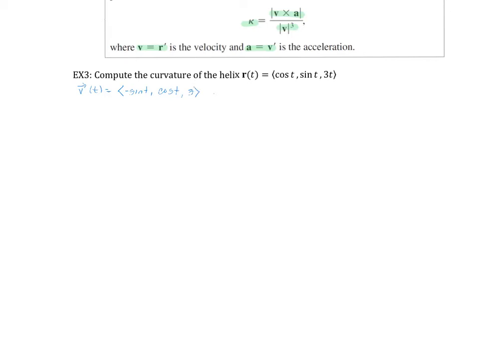And my acceleration vector is simply the derivative of my velocity vector, which would be negative cosine, negative sine, 0.